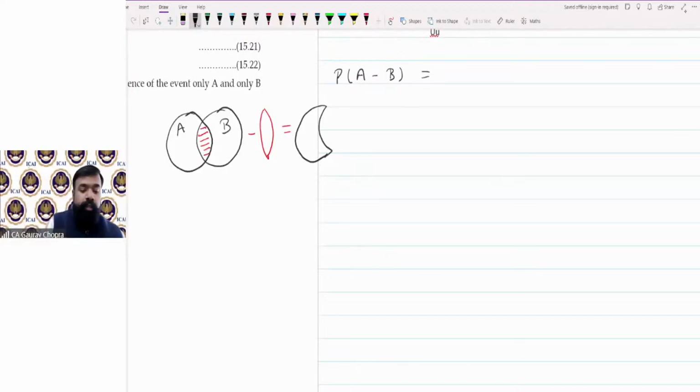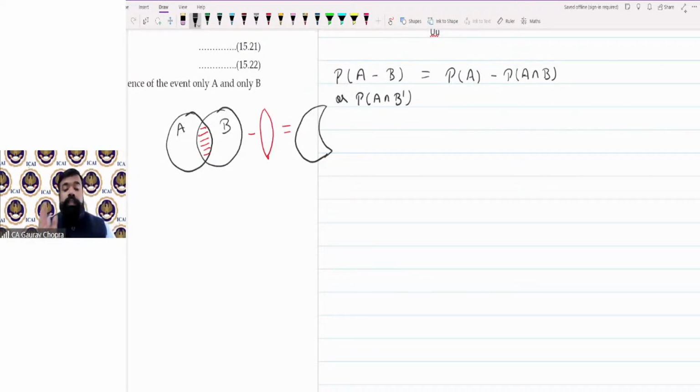So we can write probability of A. From A, we have to subtract probability of A intersection B. From A, you have to subtract the common portion and you will get A minus B. And this is also written as probability of A intersection B dash.